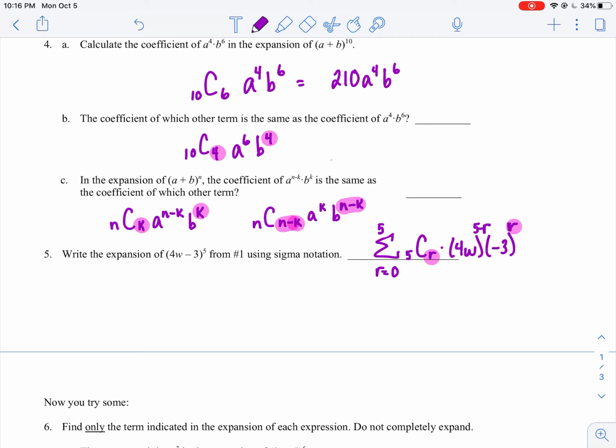So this looks really gross, but remember, all this is really saying is, if you took R and let it be 0, then the first term would have been 5 choose 0, 4w gets raised to the 5 minus 0, so that's 5, and -3 gets raised to the 0.